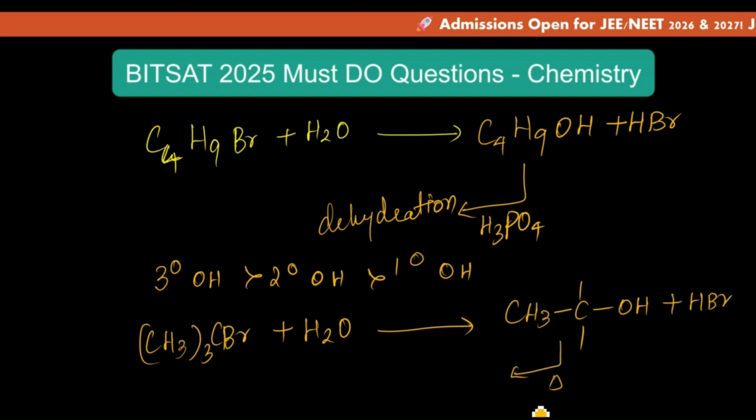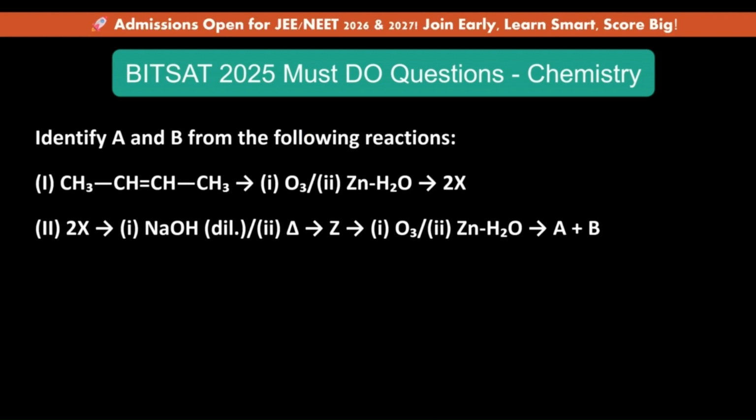With this, dehydration will happen to produce CH3, double bond CH2, with another CH3 on the other side. Right? Okay, so this is your product.